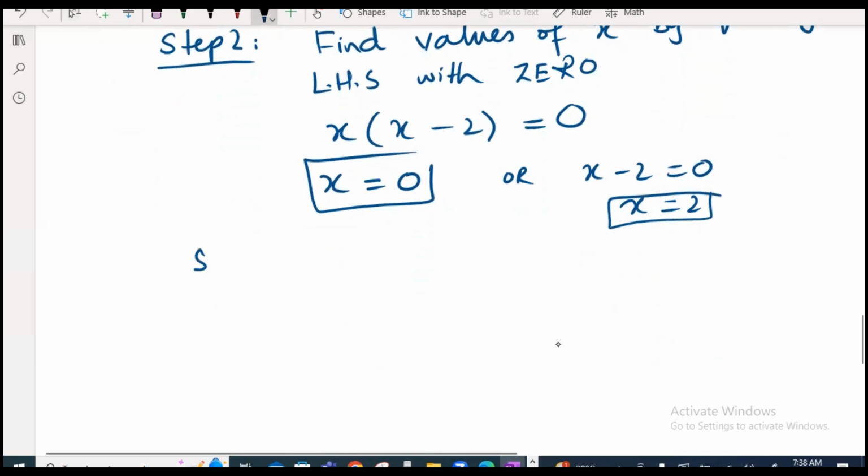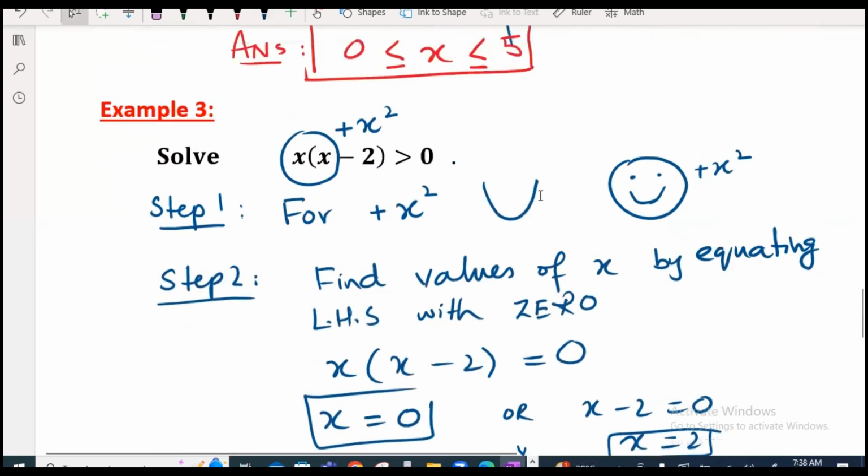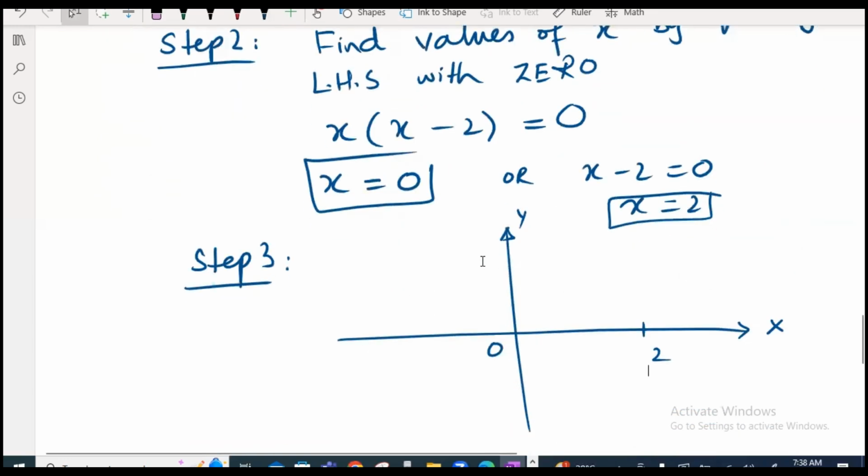Now, step number 3 is, with the help of these two values, sketch the parabola. So this is 0, this is 2 here, let's suppose. And we have decided this type of parabola will be drawn for this inequality. So sketch this type of parabola.